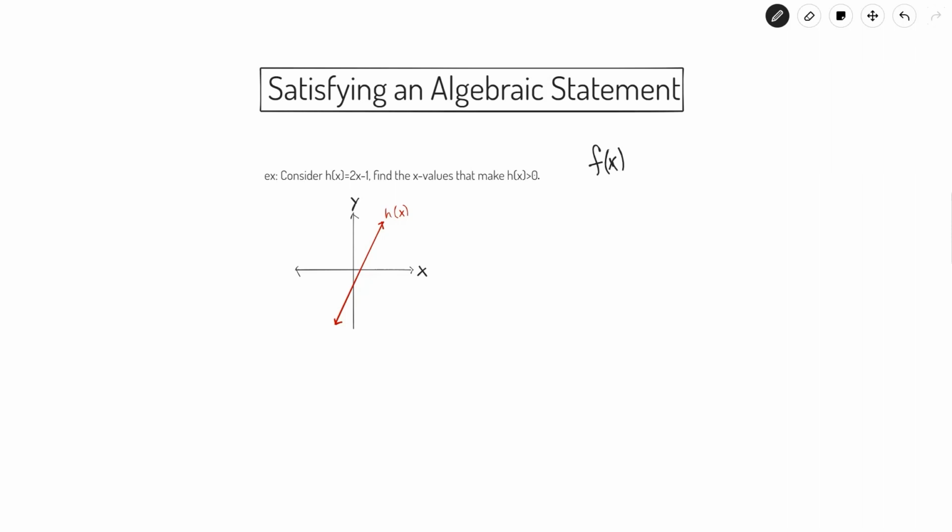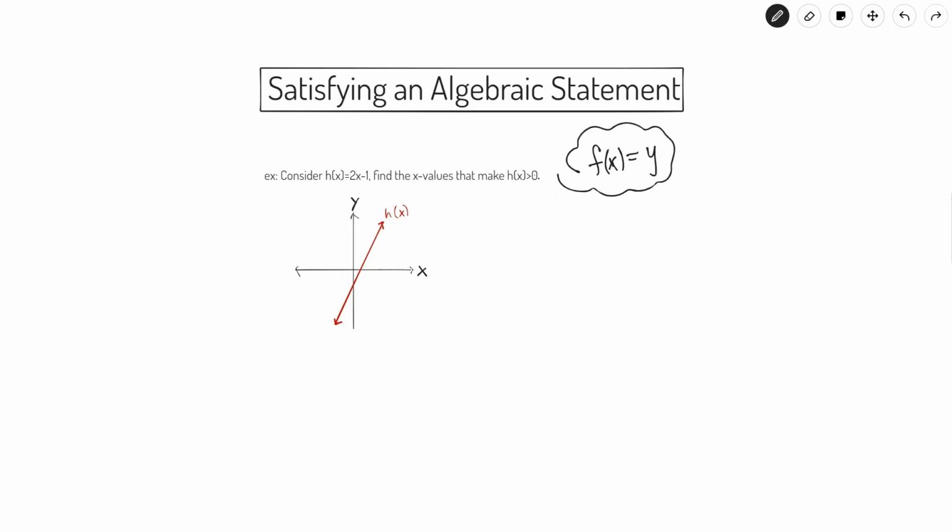But most importantly, we want to know that the f of x symbol in mathematics represents the y variable. It's exactly equal to the y variable when we're dealing with a relationship between x and y. The reason I'm saying this is because we want to think about h of x greater than 0.